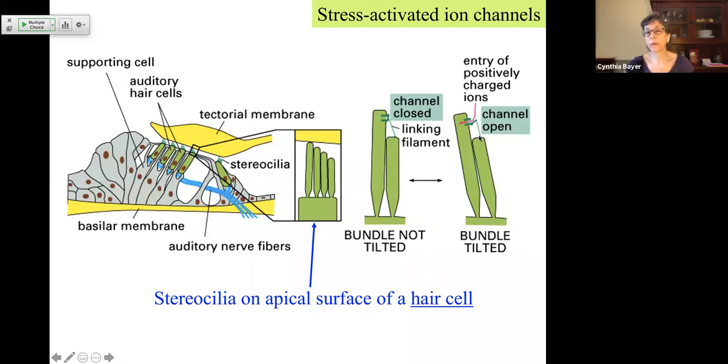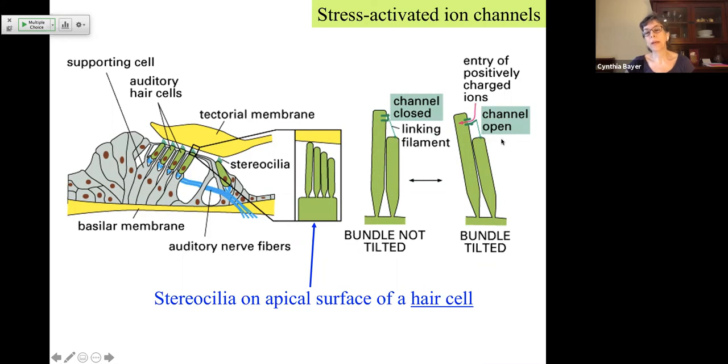It's made of proteins, but we're not quite sure what other types of molecules. This very fine filament is attached to one portion of the ion channel and is also attached to the neighboring stereocilium. So when the bundle tilts, the linking filament pulls and opens the ion channel.